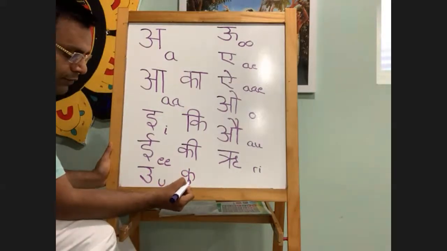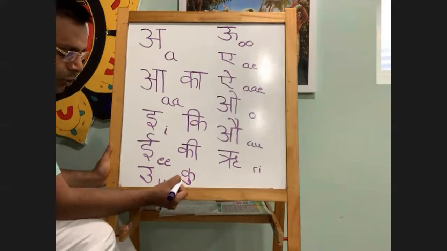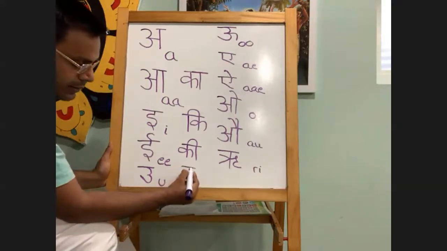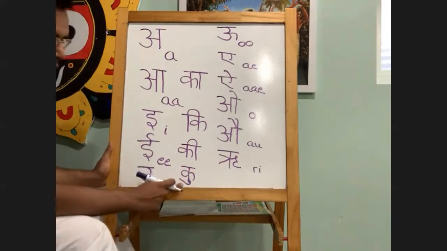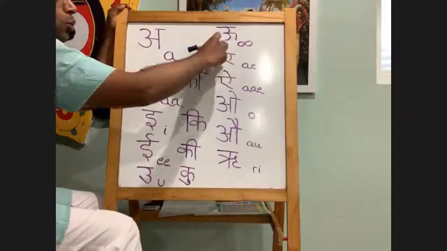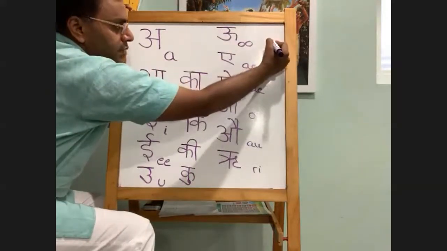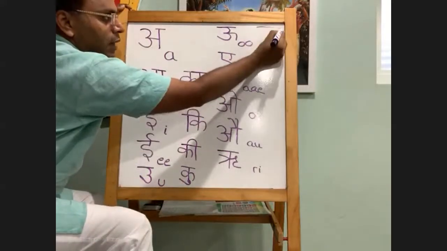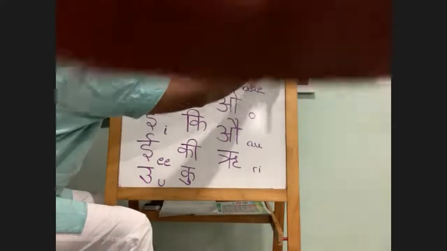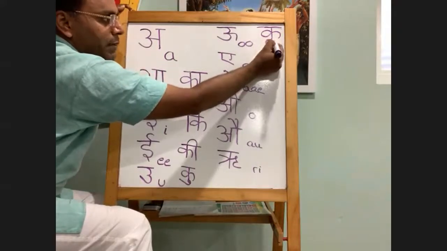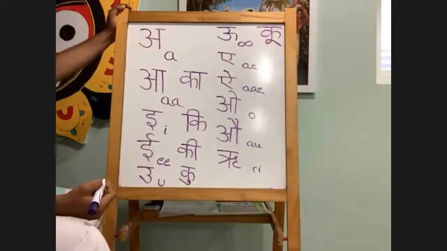You start with a little loop and then it goes to the front of the letter. So Ku. And then U goes the same way with a loop, but it goes to the back of the letter. So you write ka, and then in the foot you write that matra.